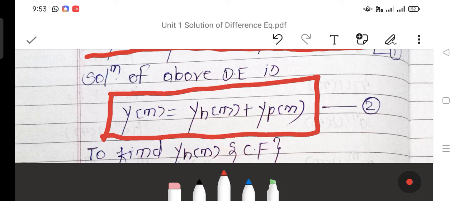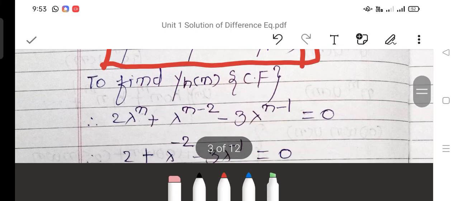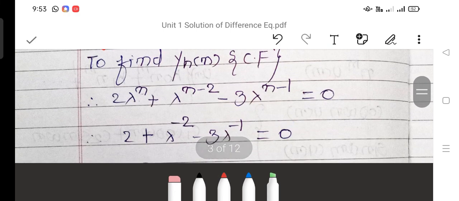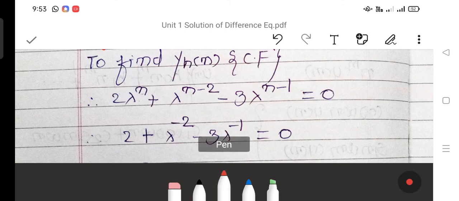So y h of n represents the homogeneous solution, that is the complementary function. First of all we will find the y h of n and then we will see the y p of n. To find y h of n, we have replaced y of n by lambda to the power n.